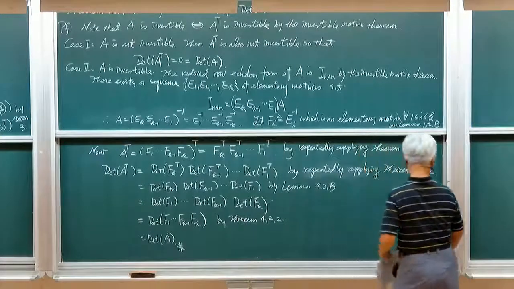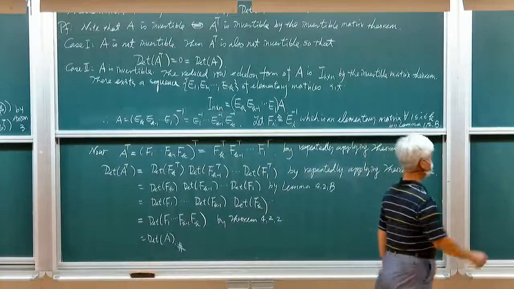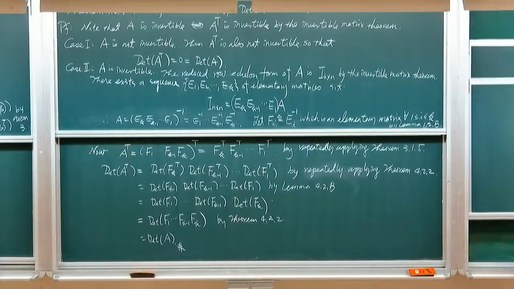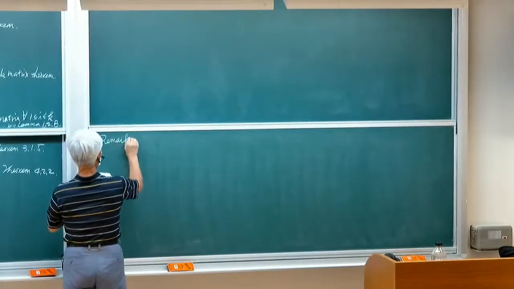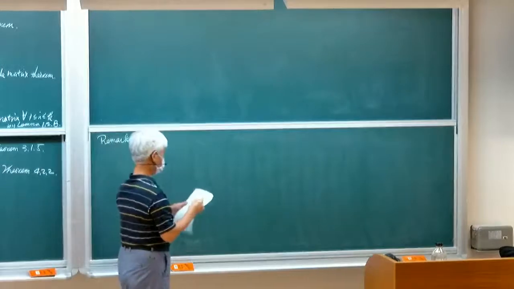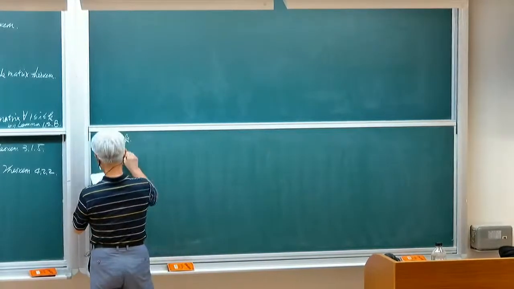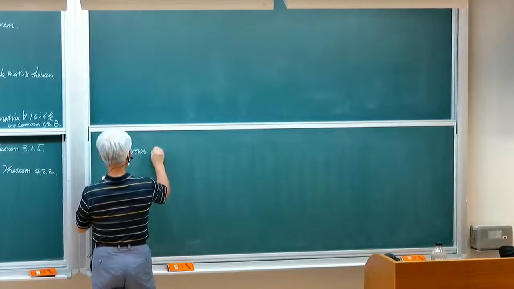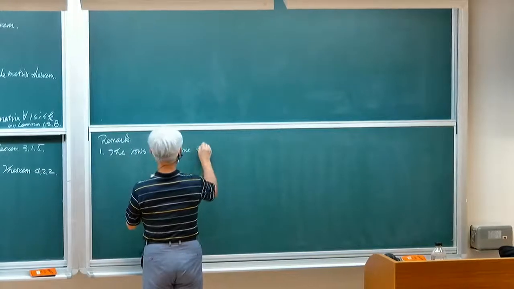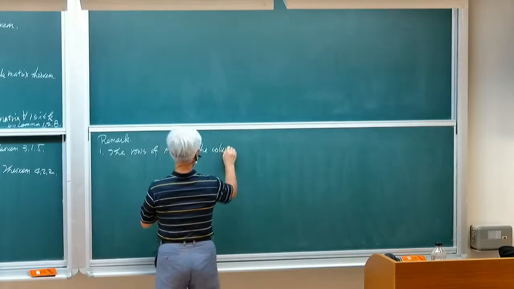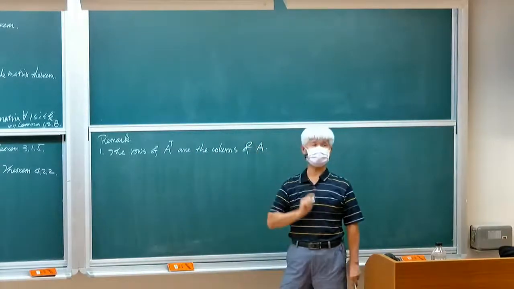Okay. Now, this theorem has a useful implication. I would like to make a remark here, and we will use that quite often. So the rows of A transpose are the columns of A. This is the first observation.